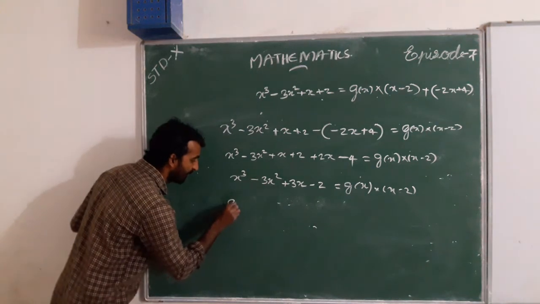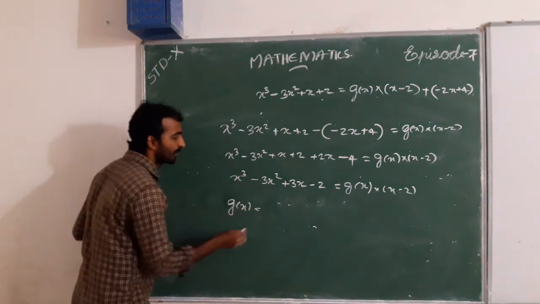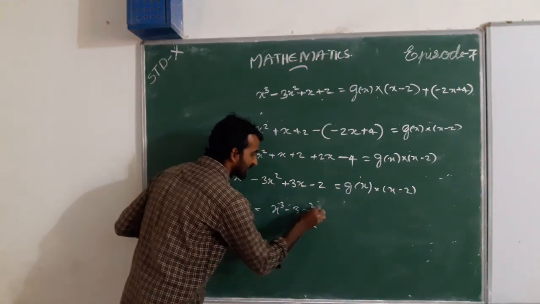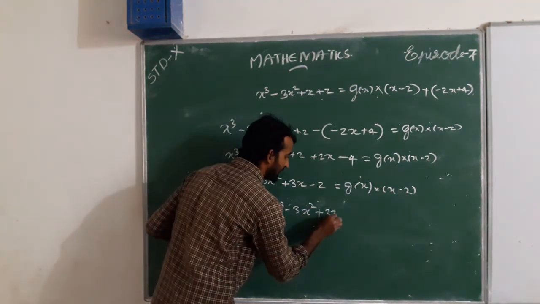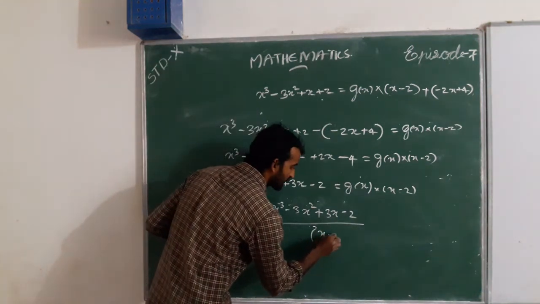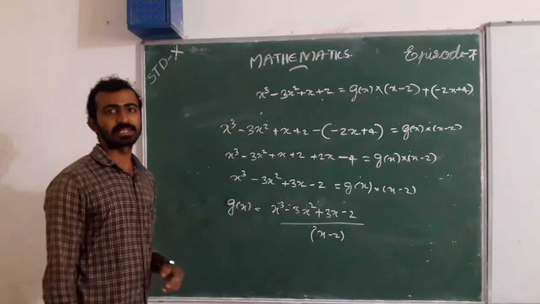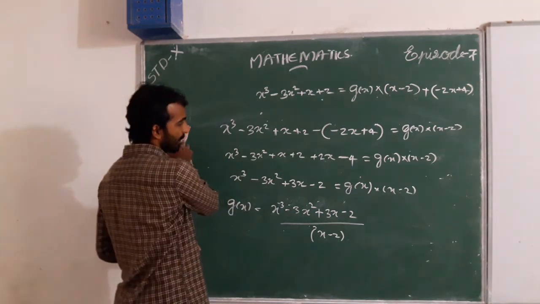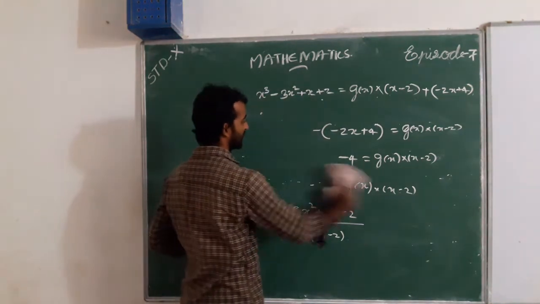Next step we get g of x equal to x cube minus 3x square plus 3x minus 2, all divided by x minus 2. Is it correct? Yes. Next step we find the division.